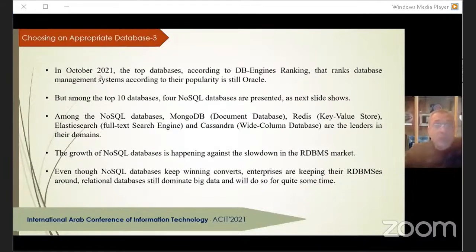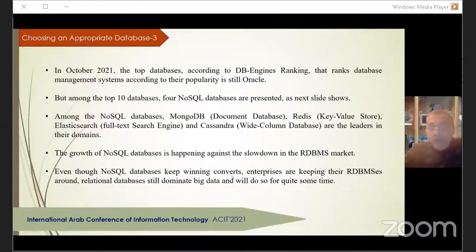In October 2021, according to the database engine ranking, among the top 10 databases, 4 of them are NoSQL databases. These are Mongo, Redis, Elasticsearch, and Cassandra. The growth of NoSQL databases is happening against the slowing of the relational database model.